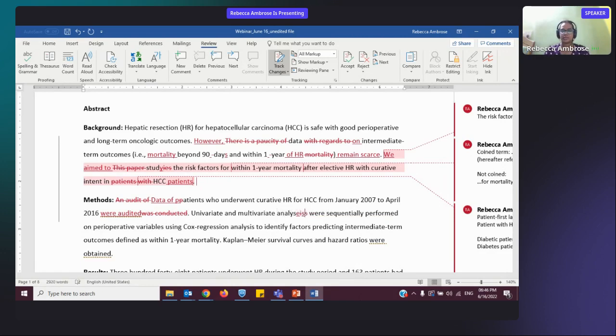Now, what do we have? Analyses were sequentially performed on perioperative variables using Cox regression analysis to identify factors that could predict intermediate term outcomes defined as within 1 year mortality.